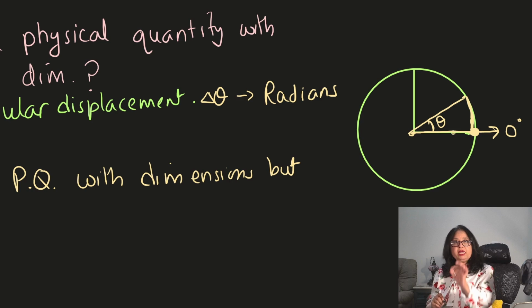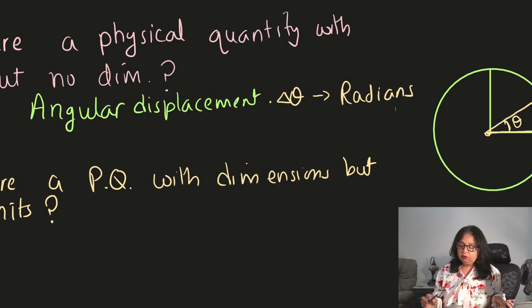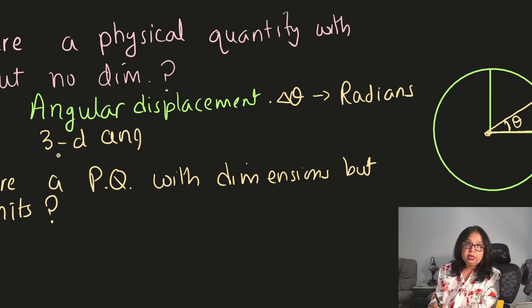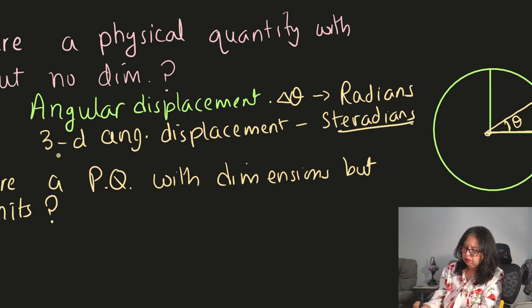Radians are the SI units for angular displacement, but it does not have any dimensions, 0 dimensions. So that is two-dimensional angular displacement. Then we have the 3D angular displacement, measured in steradians. What does the 3D angle mean?